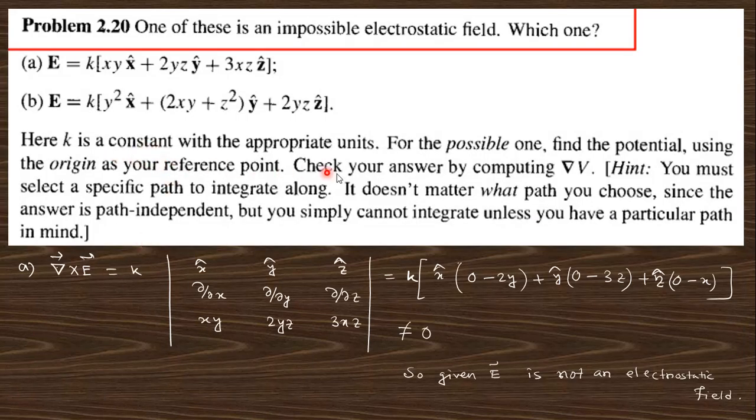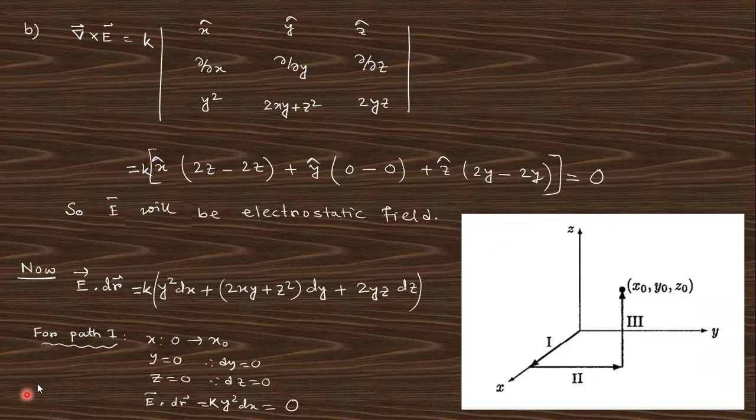Now you need to take the possible one, and another part of the question says to find the potential using the origin as your reference point, and then compute the gradient of V to check that we get the electric field back.